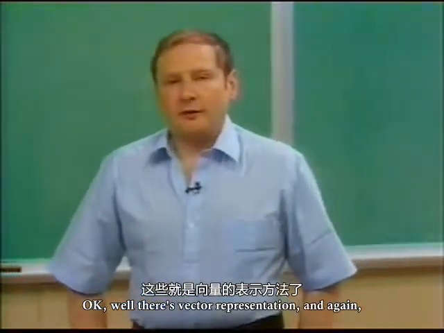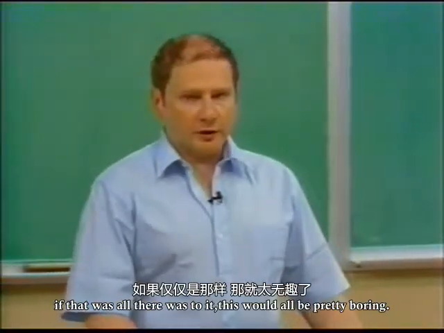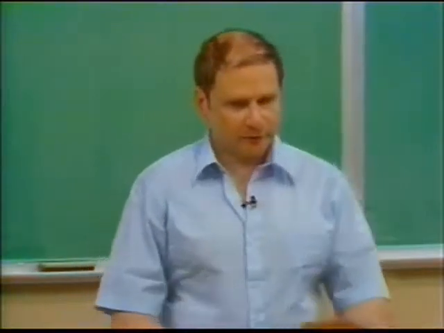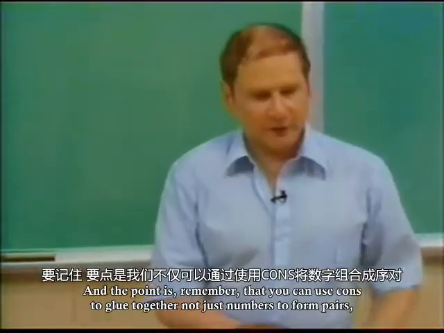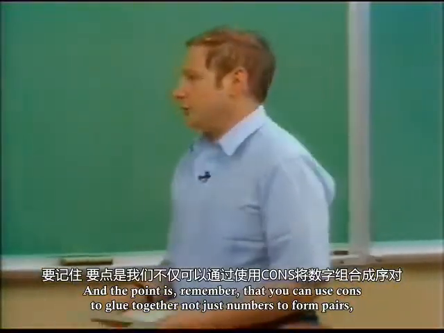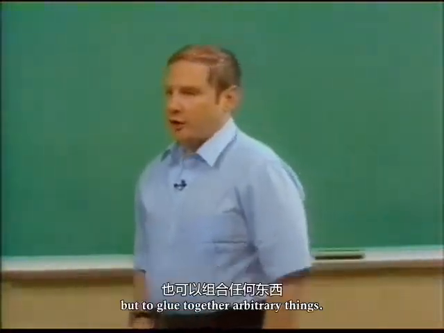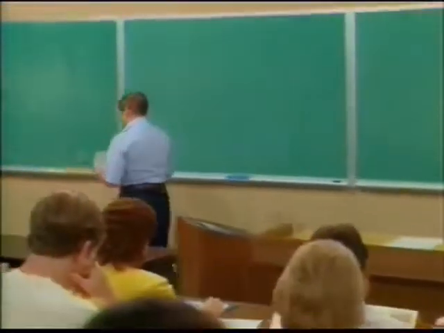And again, if that was all there was to it, this would all be pretty boring. And the point is, remember that you can use cons to glue together not just numbers to form pairs, but to glue together arbitrary things.